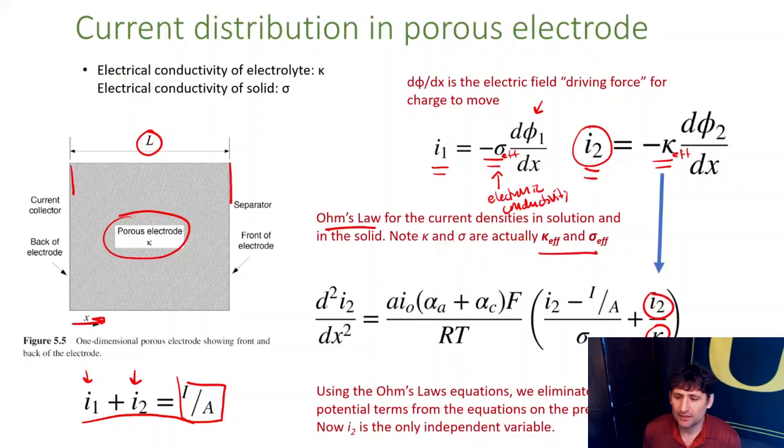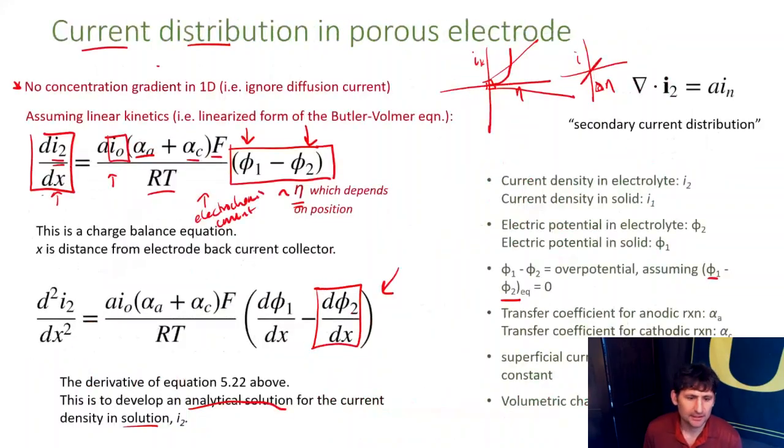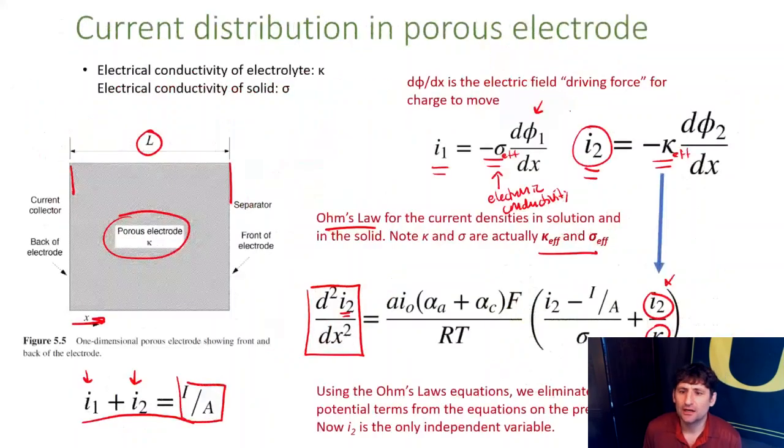So now we have a differential equation. This is a second order differential equation because I have the second derivative of the current density in the electrolyte, and I have the current density in the electrolyte in the same equation. I've also now written the gradient of the electric potential in the solid in terms of current, I2, and the conductivity of the solid.